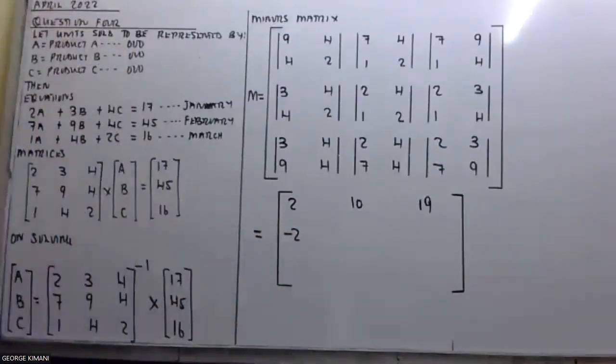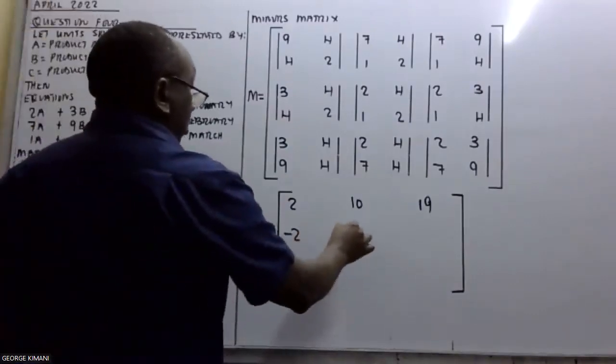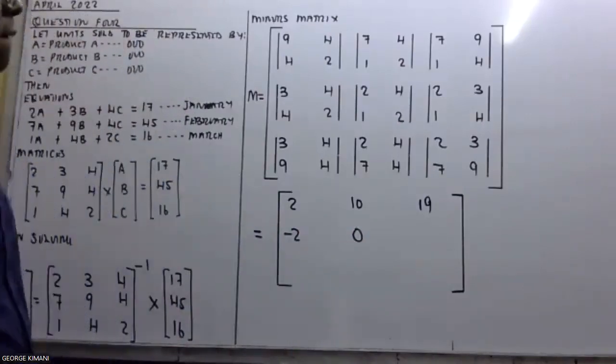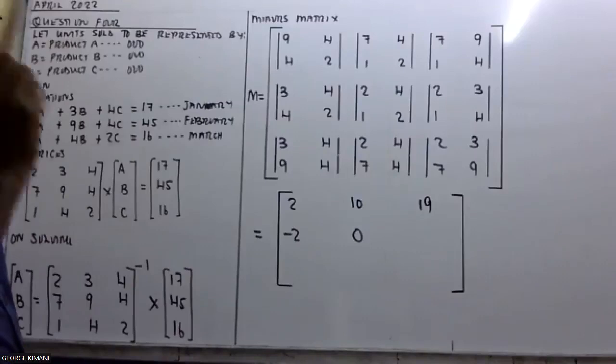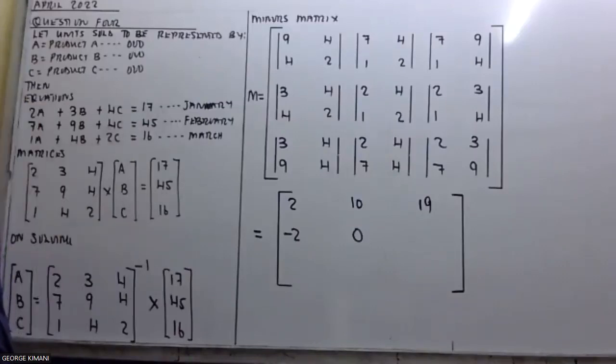The next one. Zero. The next one. This one is not -2. It is?